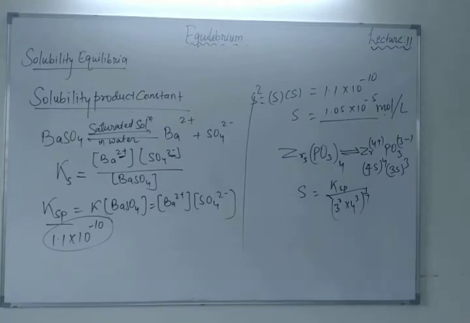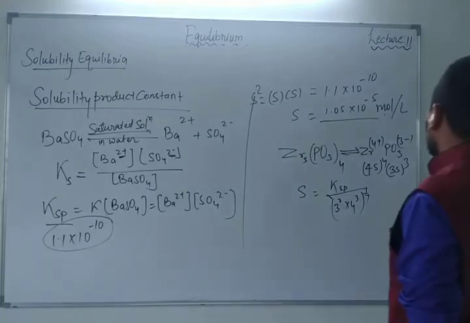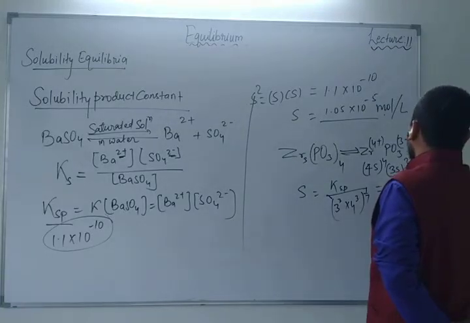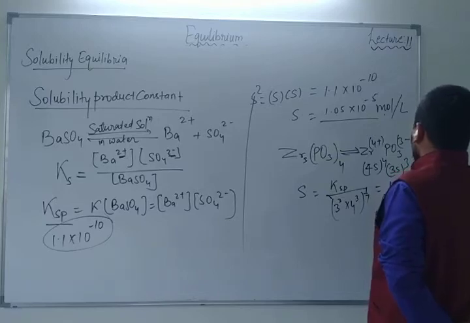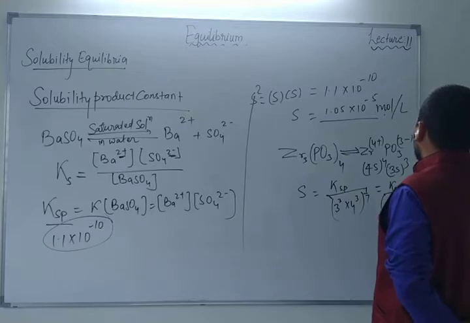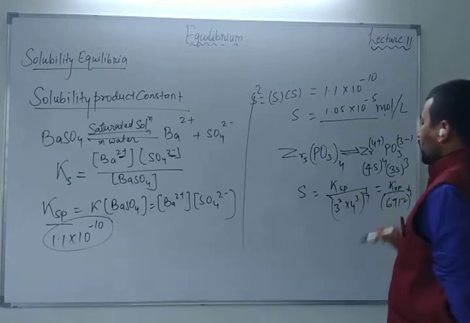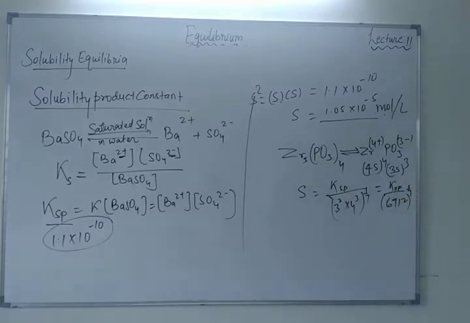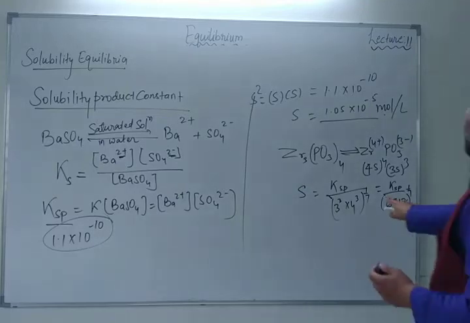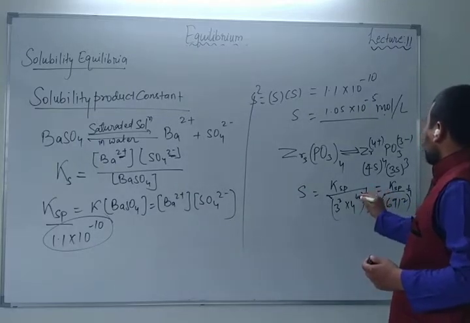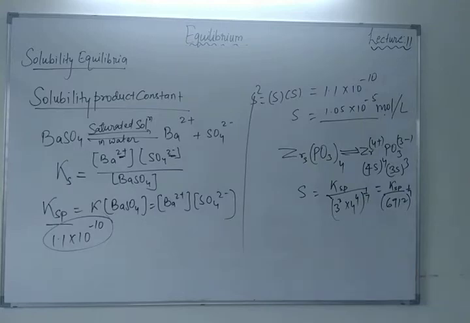That is KSP upon 6912. Means if you take a cube of this, 27 into 64, right? Got it, dear students? 4 to the power 4, sorry, I am extremely sorry, 4 to the power 4, not 3. So here S is equal to KSP upon 6912 to the power 1 by 7.